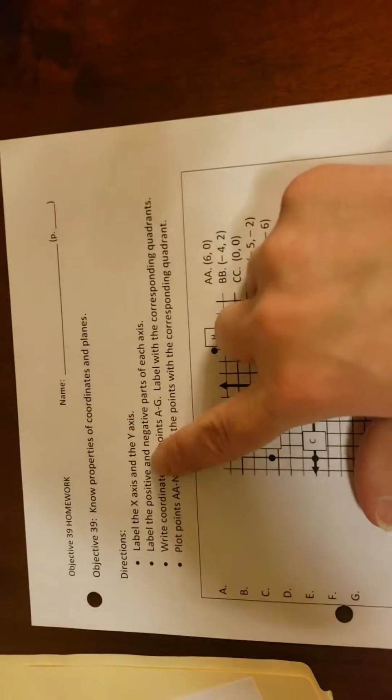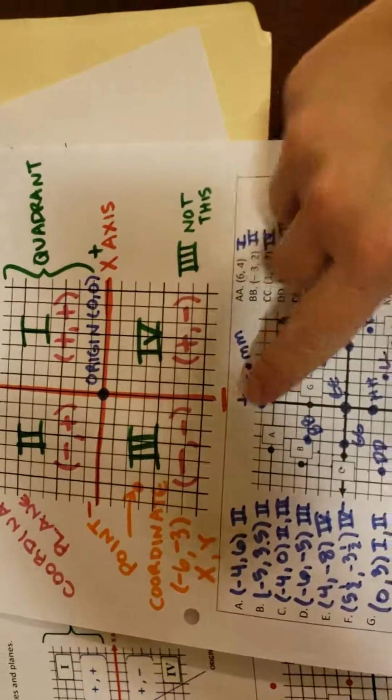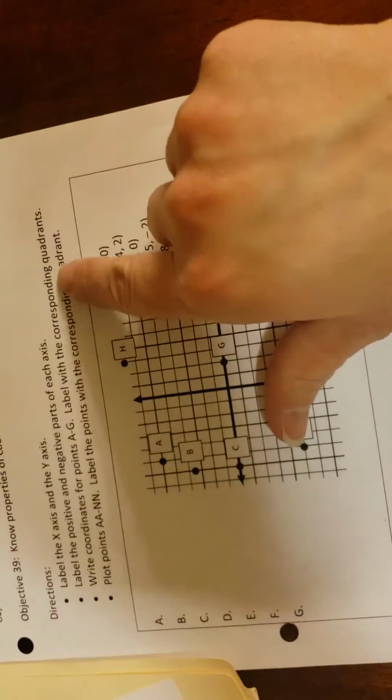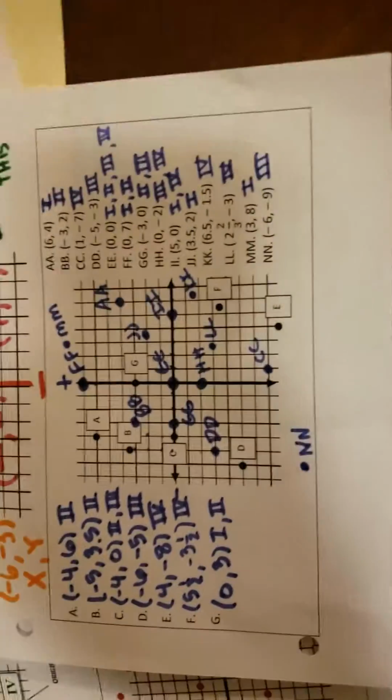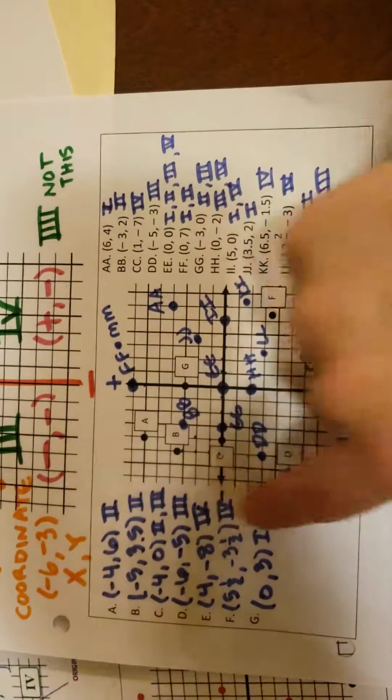Then I've asked for you to label the positive and the negative parts for each axis because that's going to help you keep straight what's positive and what's negative. And then write the coordinates for these points here, label with the corresponding quadrants.